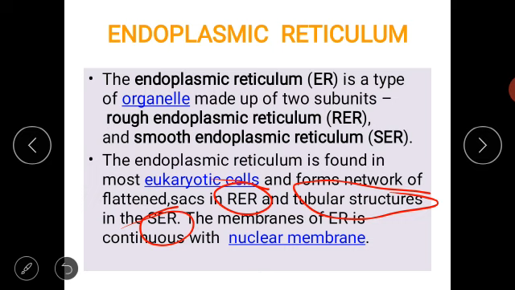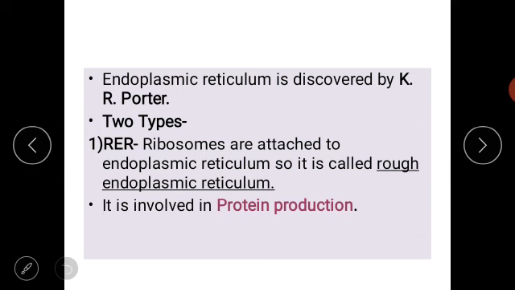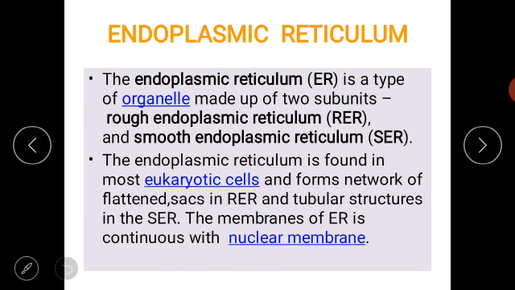The smooth endoplasmic reticulum is a tubular structure which is involved in lipid synthesis, as mentioned in the next slide. The membrane of the ER is continuous with the nuclear membrane.